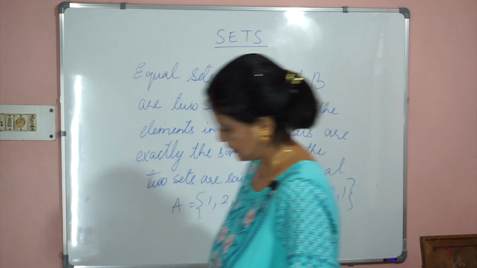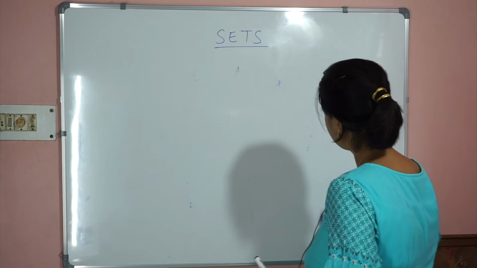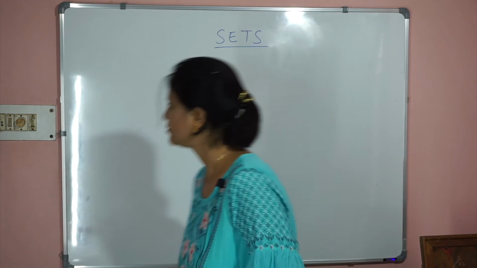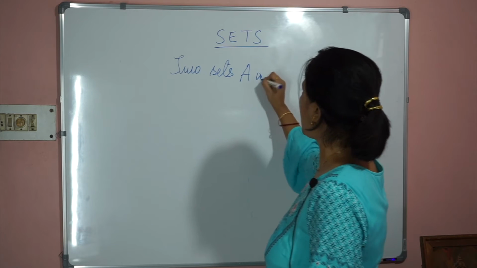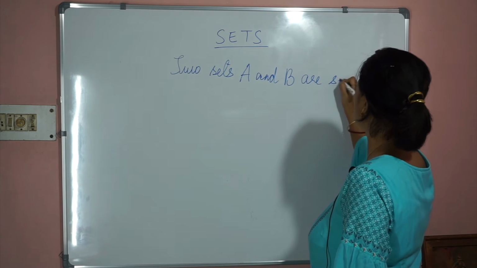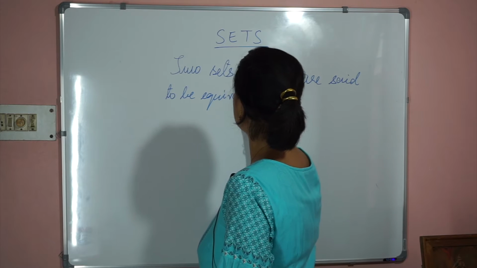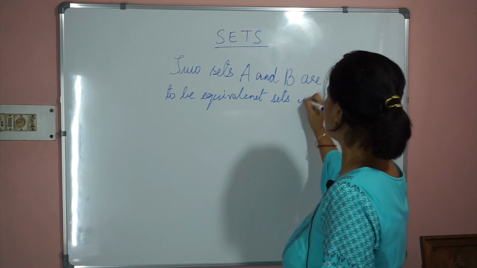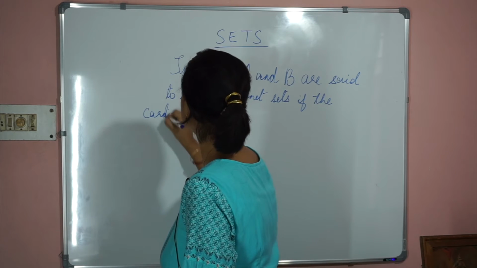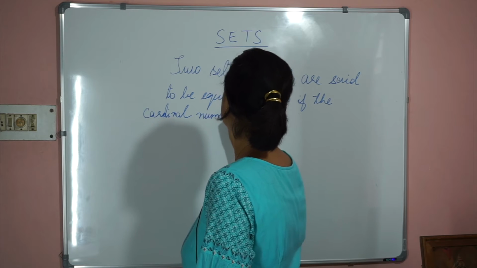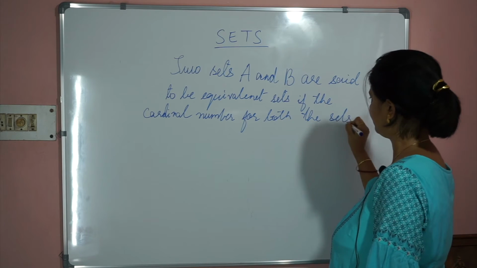Next, equivalent sets. Two sets A and B are said to be equivalent sets if the cardinal numbers for both the sets are the same.